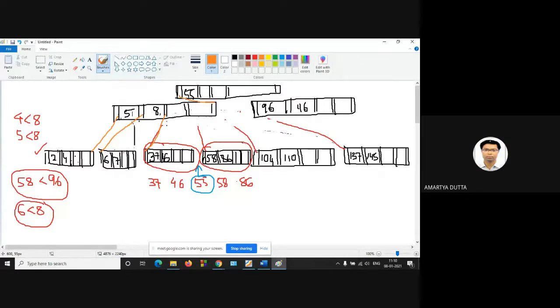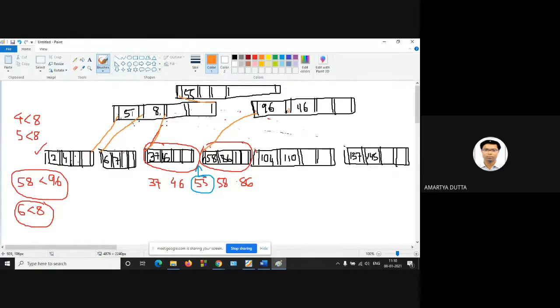From 8, this will be 37 and 46. So from 96, just delete these connections. So from 96, there will be a connection.